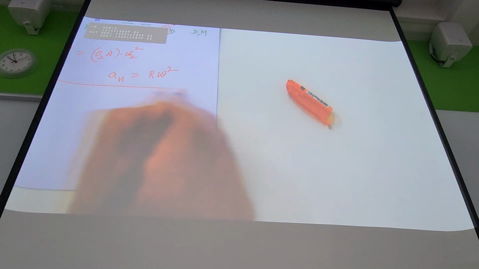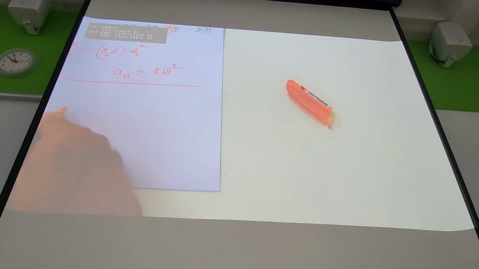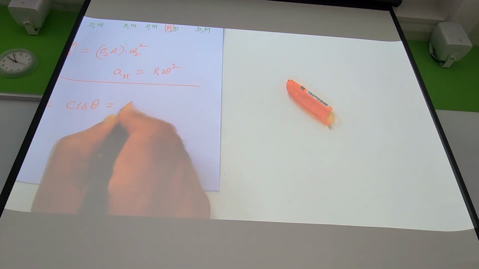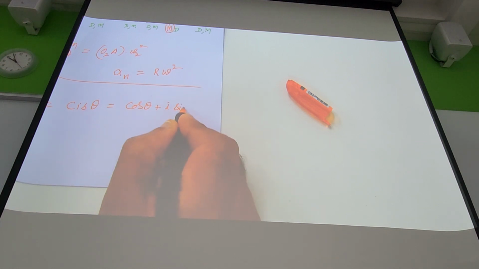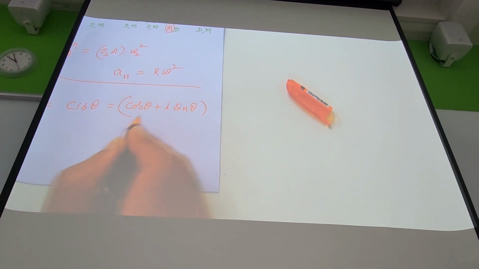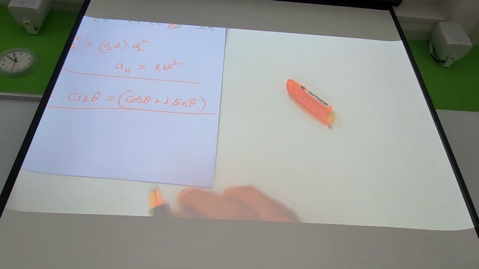So you know that the exponential power i theta is also known as cis theta, cos theta plus i sin theta. Okay.